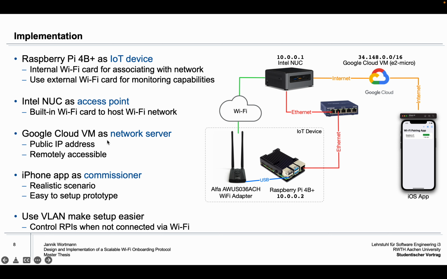I implemented the commissioner as an iPhone app, since it is a realistic scenario and it was very easy to set up a prototype using SwiftUI. During the whole setup, I used a VLAN to make the whole setup process easier, since the Raspberry Pis aren't connected to the network via Wi-Fi at the installation time. Therefore, I used an Ethernet cable to set up the Raspberry Pi.